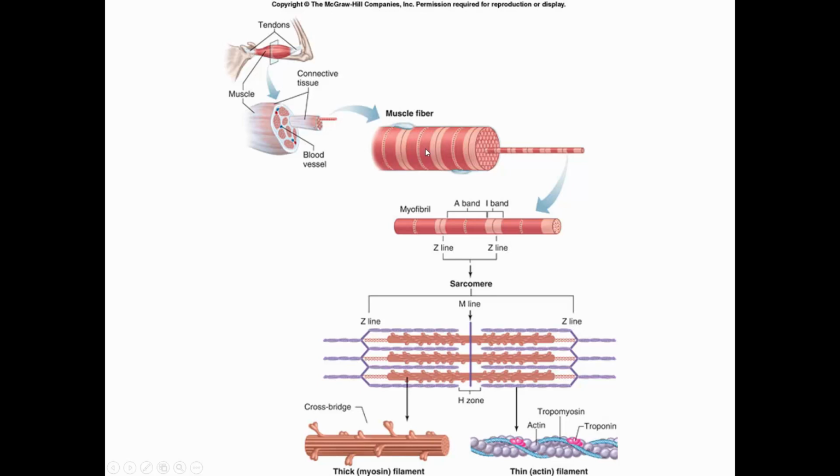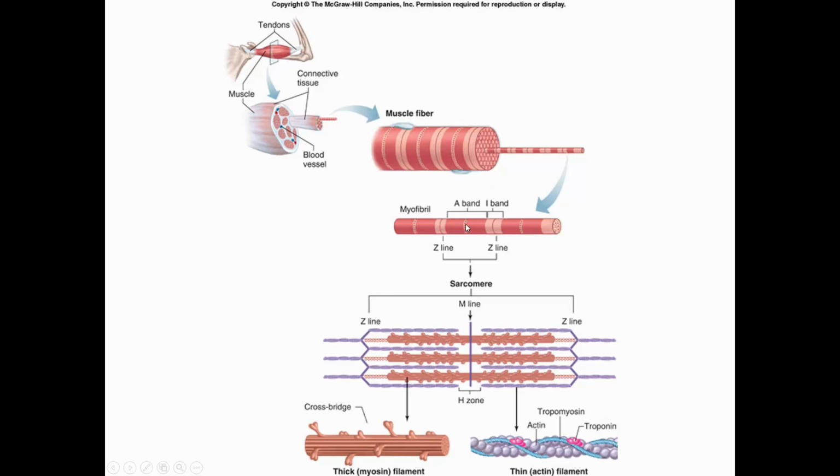If we pull out a single muscle fiber, we can see the muscle fiber has the striations, and within the muscle fiber are many, many myofibrils. And a myofibril then also shows this striping pattern, and it's within the myofibrils that we have the sarcomeres.